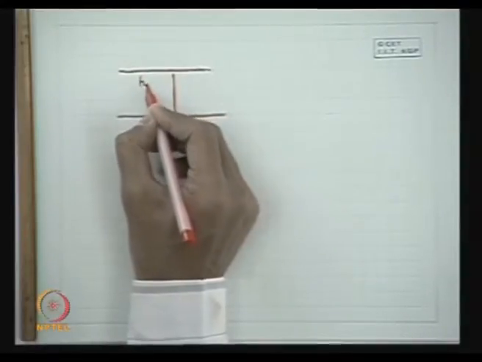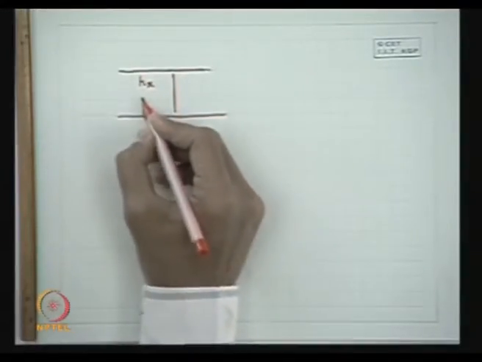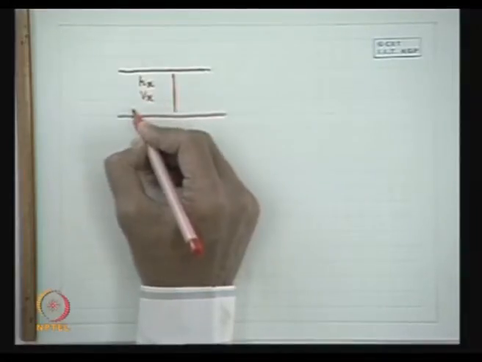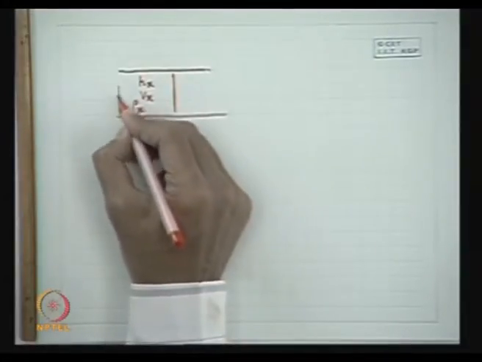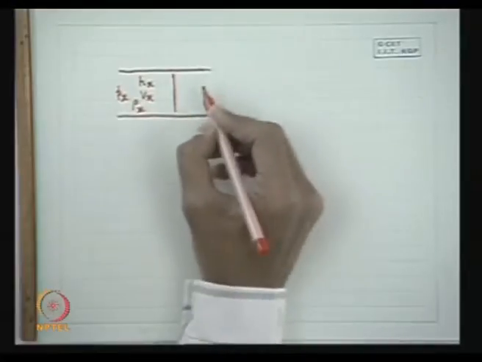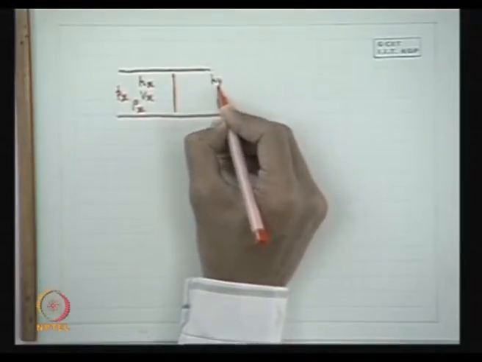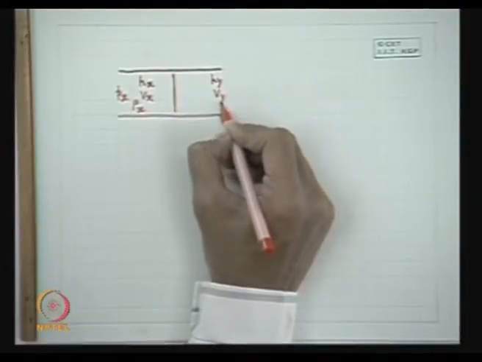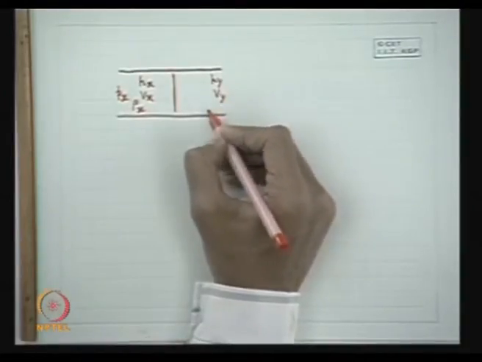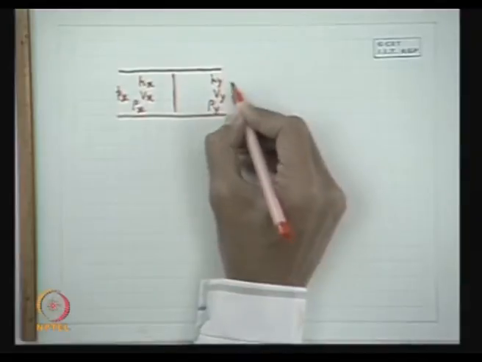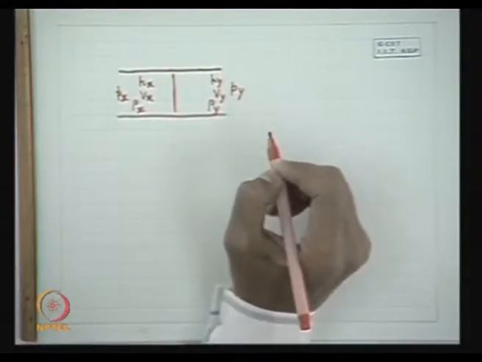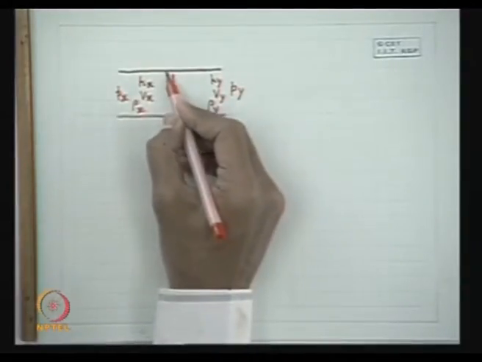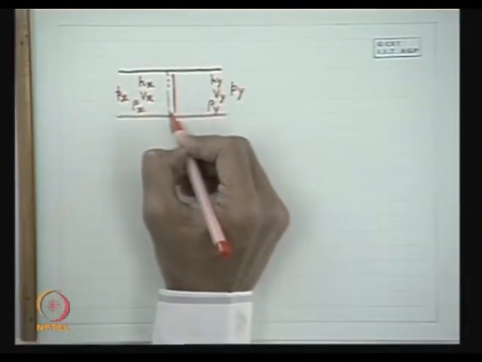Let the enthalpy be Hx, the velocity Vx, the density rho x, the pressure Px. And all these quantities at the downstream of the shock are given by a suffix y, that is the enthalpy, velocity, density, pressure.